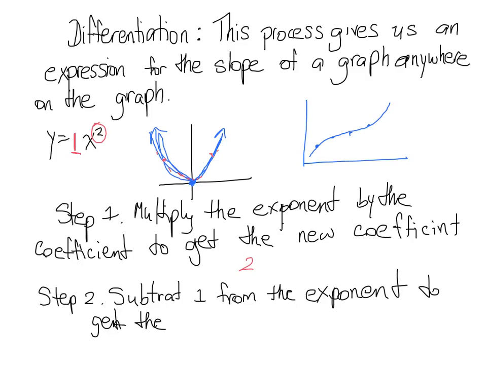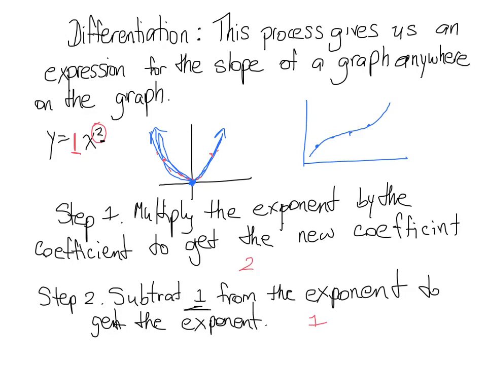All right, so our original exponent is 2, as you may recall. We need to subtract 1, and it's always 1. Subtract 1 from that exponent to get the new exponent. So our new exponent is 2 minus 1. So our new exponent is 1.